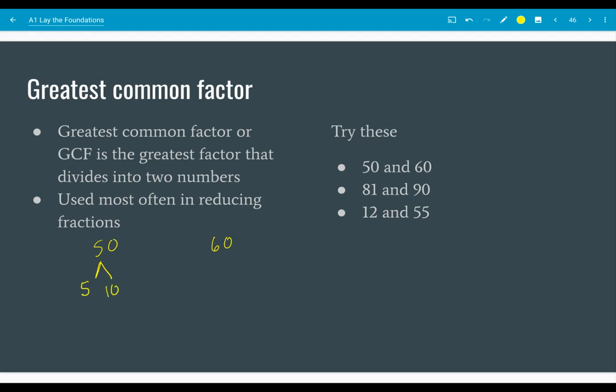I get 5 and 10. 10, I get 5 and 2. Okay, let's do 60. Ends in a 0, so I'm going to start with 5. So I get 5 and 12. 12 is 3 and 4. 4 is 2 and 2.